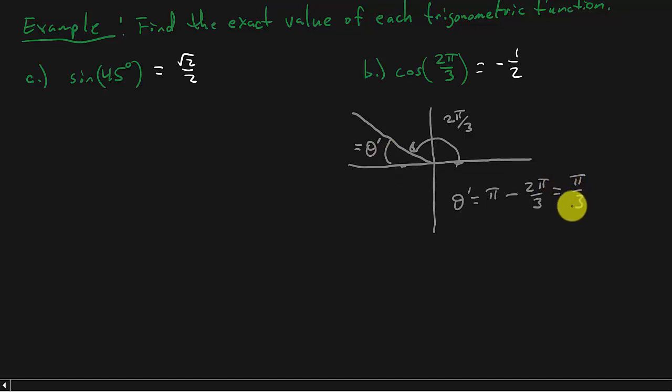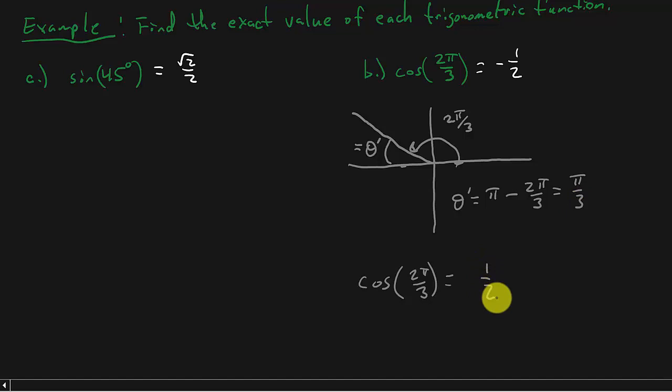Okay? So now what are we doing? We're doing cosine of 2 pi over 3. All right? Well, let's ask ourselves, what's the cosine of pi over 3? Well, remember pi over 3, that's like 60 degrees. And so the cosine of that is 1/2. So what is the reference angle doing?